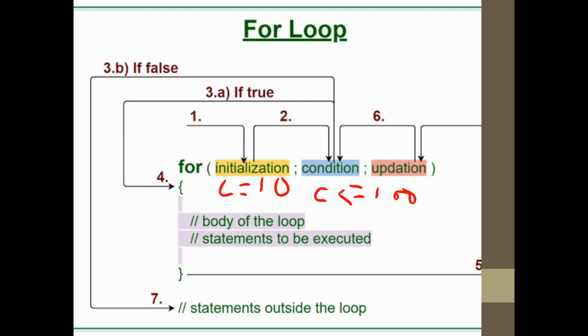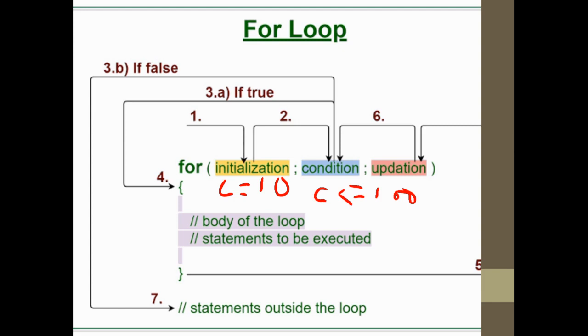After that, updation. Now I'm printing numbers like 10, then 20. You can observe here that we are adding 10 each time: 10 plus 10 is 20, and after that I want to print 30, so 20 plus 10 is 30.